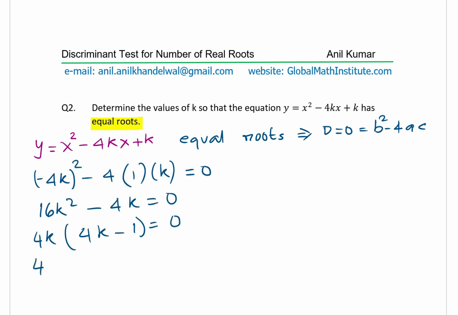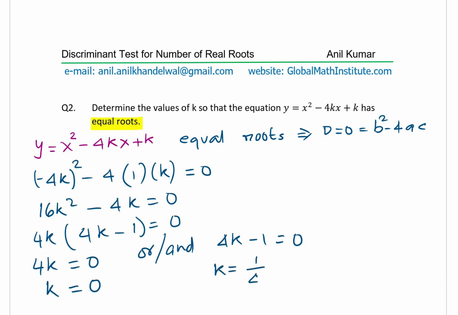So this is 0 when 4k equals 0, or 4k minus 1 equals 0. So this gives us one solution which is k equals 0, and that gives us another solution which is k equals 1 over 4. So we have two solutions in this particular case, and therefore our answer here is k equals 0 or k equals 1 over 4.